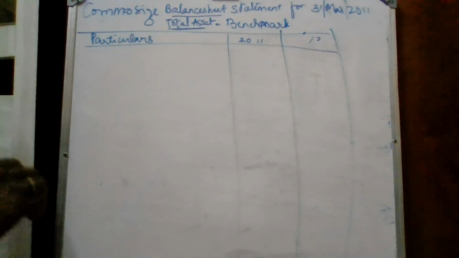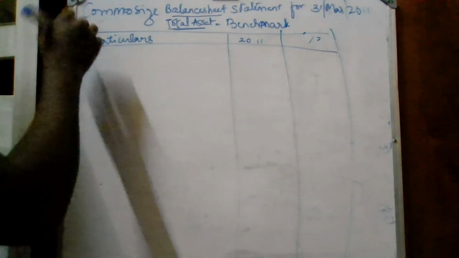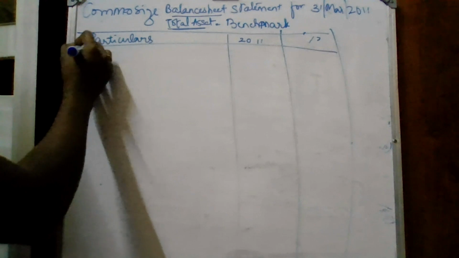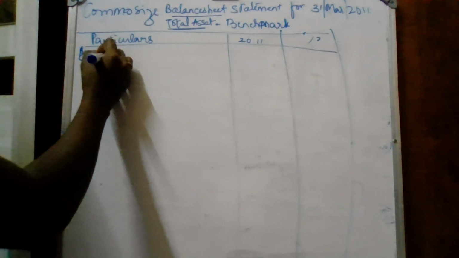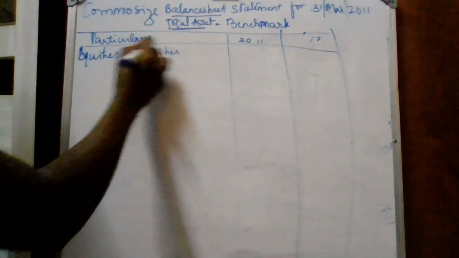So we will find out that. Here again the Schedule 3 balance sheet format will be followed. Let's do the liability side first. So we start off with the equity and liabilities. Equity and liabilities, shareholders' funds.